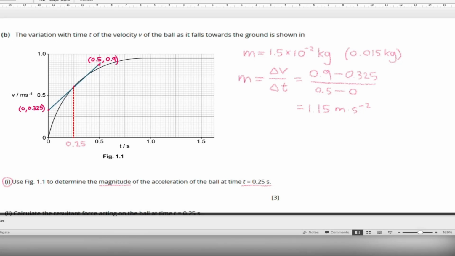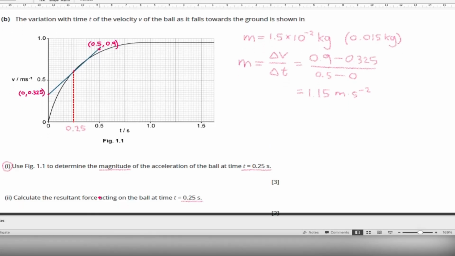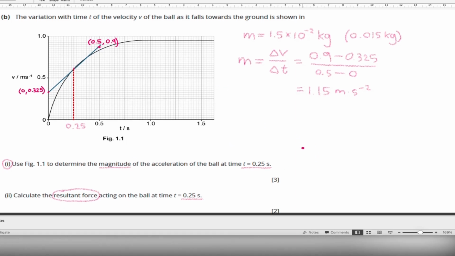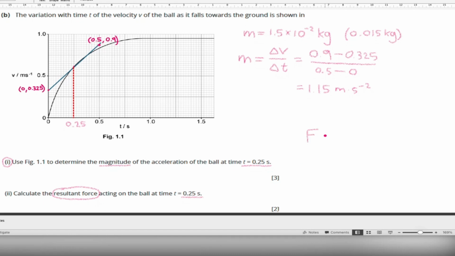Now in the second part, we have to calculate the resultant force acting on the ball at 0.25 seconds. Now remember Newton's second law. The resultant force is equal to the mass multiplied by the acceleration. So F net, in this case, will be equal to the mass multiplied by the acceleration. What is the mass? It is 0.015.